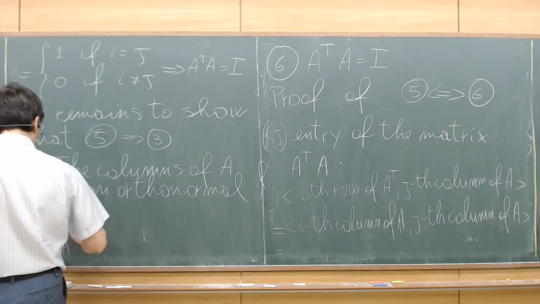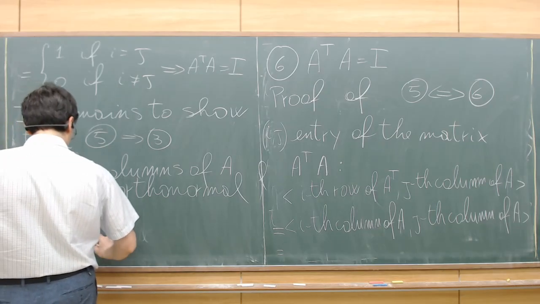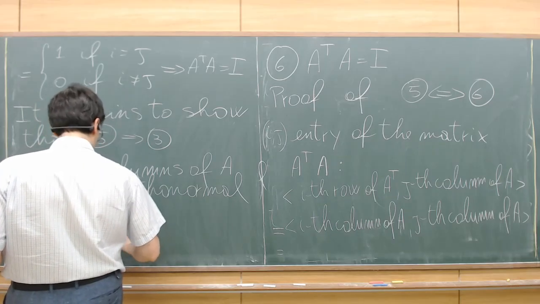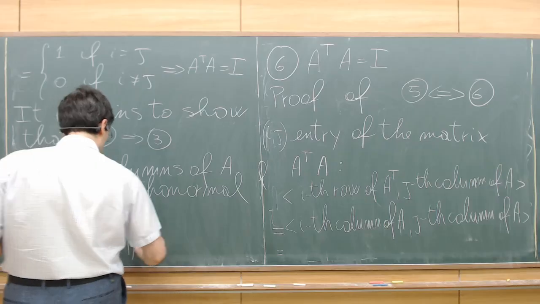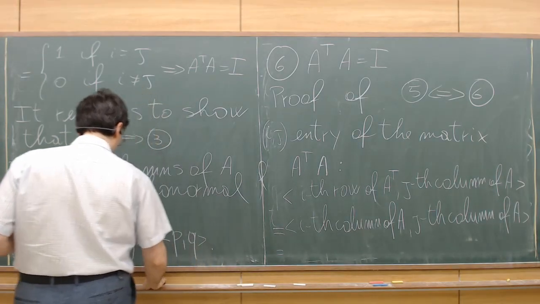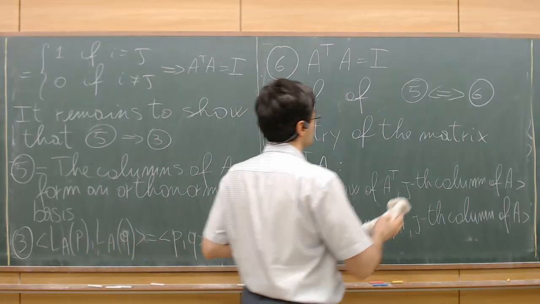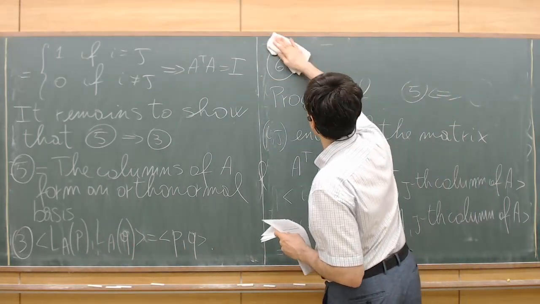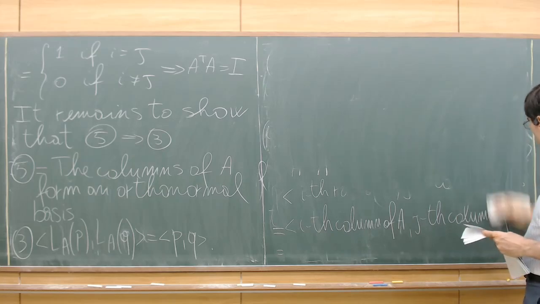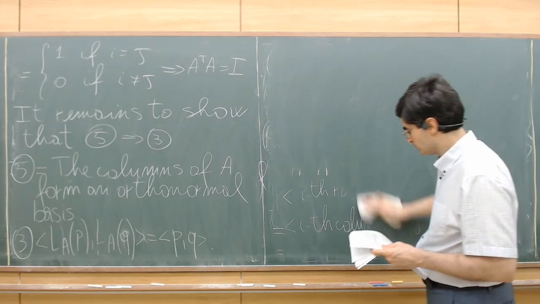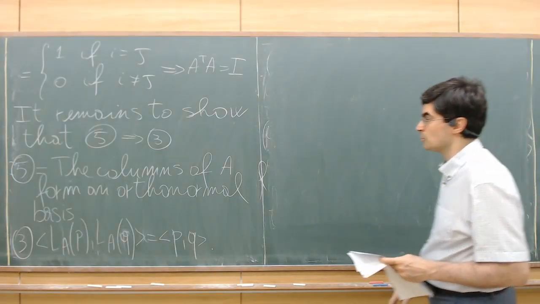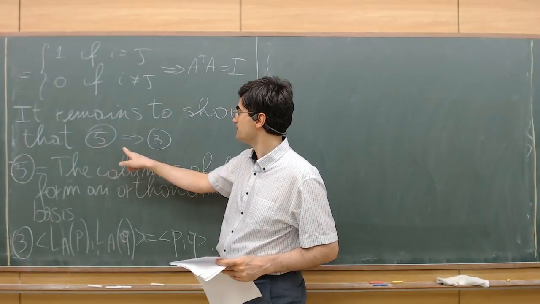So LA of P multiplied by LA of Q is equal to the inner product of P and Q. So how to show that 5 implies 3?